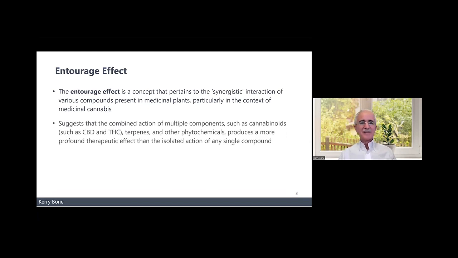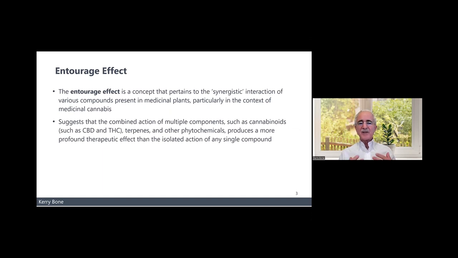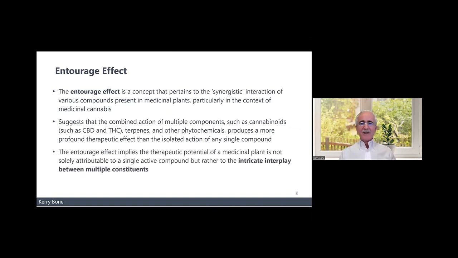Entourage, I love it. What it does is suggest that the combined action of multiple components like the cannabinoids, CBD and THC and others, the terpenes, and other phytochemicals in medicinal cannabis produce a more profound therapeutic effect when they're all together than the isolated action of a single compound. Now, this is way more than just synergy, as I'll illustrate.